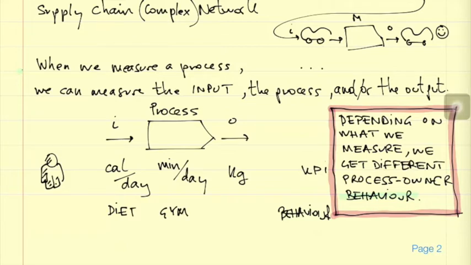And if we measure the output, we're going to get a behavior of Weight Watchers. So the behavior derives from the management system.